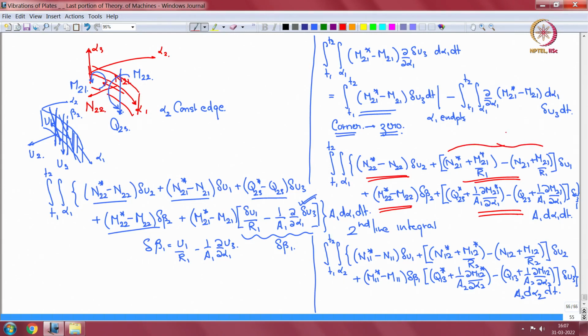This is given the name T21, this is given the name V23, this one is given the name T12, and this, the last one lower, is given the name V13.